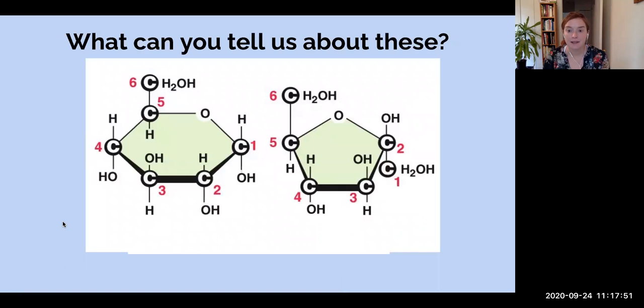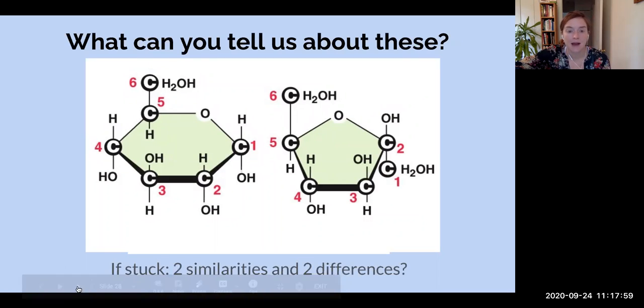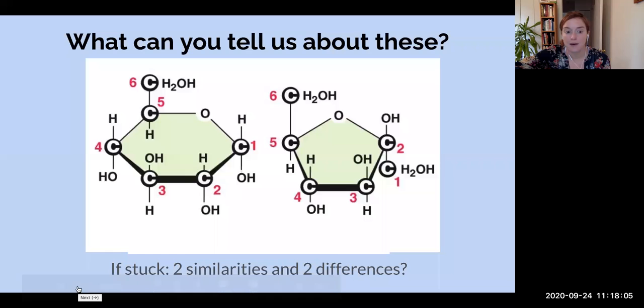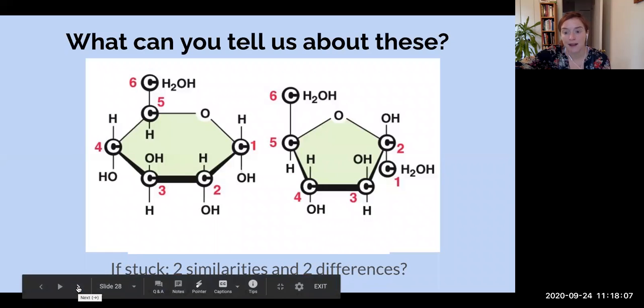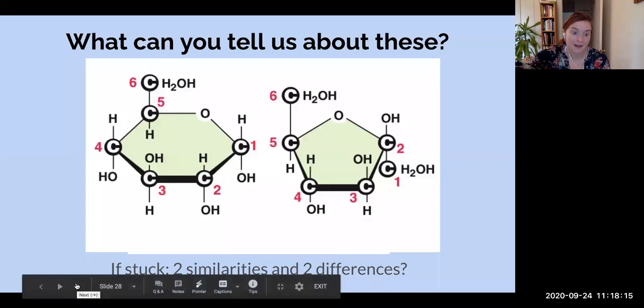So today we started out looking at two monomers of carbohydrates called monosaccharides, and we talked about some similarities and differences. These are both carbohydrates. We know they're both made of carbon, hydrogen, and oxygen. They're both in a ring shape, and they are both monosaccharides.